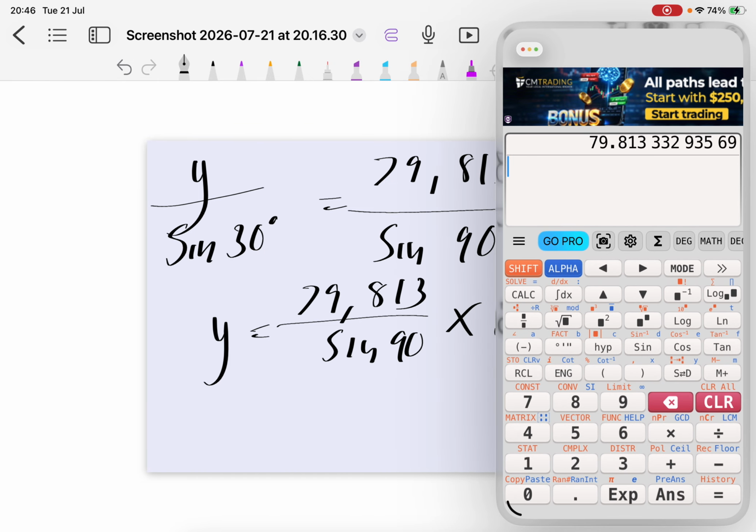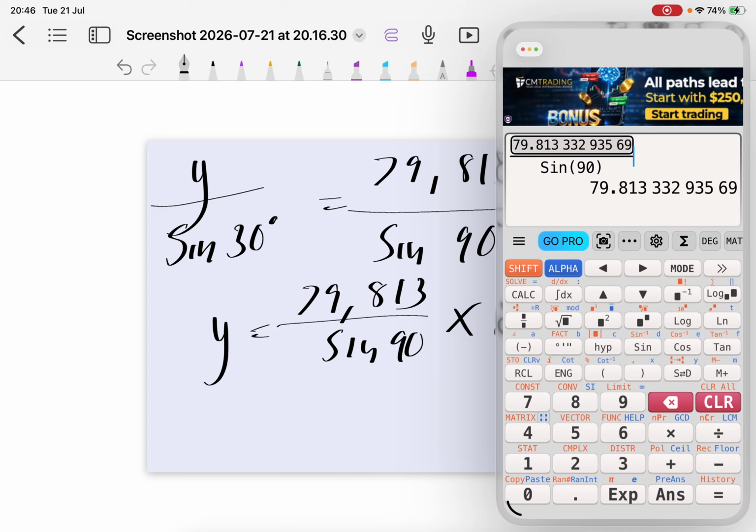Put that in my calculator. That gives me the side of y. So I'm using previous answer over sine 90 multiplied by sine 30. That gives you a side of 39,906.